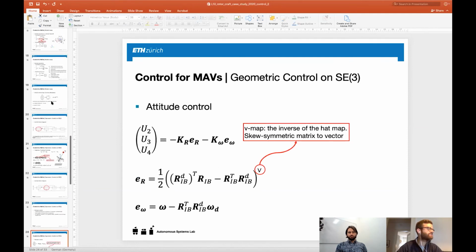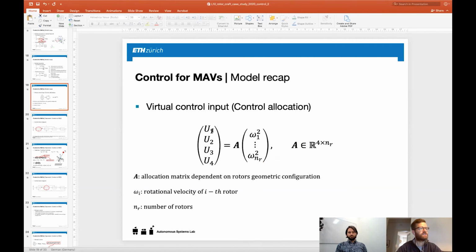Then we feed all this together with the linear acceleration, u1, and we get the omega, the angular velocities, by inverting the allocation matrix A. So basically omega 1, 2, or omega 1, 2, 3, 4, depending on how many rotors we have, is A inverse times the virtual control inputs.